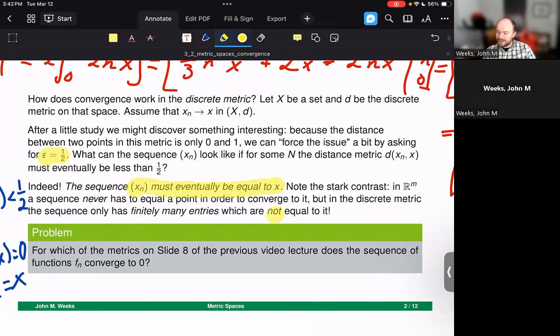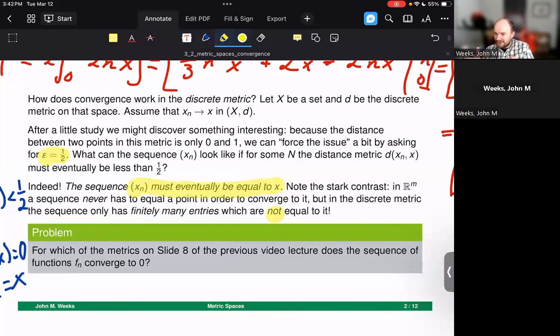So we will sometimes use little bits of intuitive terms to try and help us make sense of this. We'll sometimes say that convergence in the discrete space is very hard. You can be as close as you want in another sense, maybe in a proximity sense, to a given point inside the discrete metric space and never be able to converge to it, right? If you're never equal to x, then you can never converge to x.